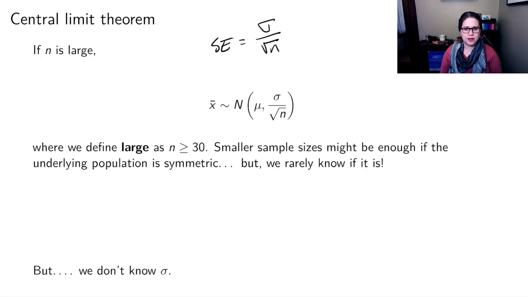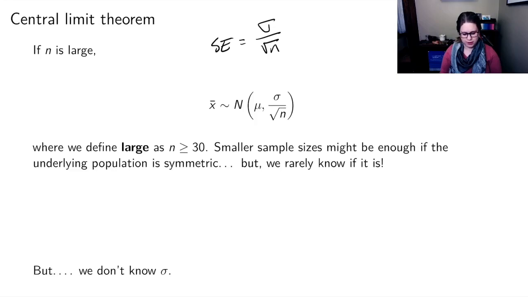And in this case, we're going to say that large means n needs to be greater than or equal to 30. So if the underlying population is symmetric, sometimes you can get away with a smaller sample size, but we rarely know anything about that underlying population. So you should just be checking this condition, the n greater than or equal to 30 condition.